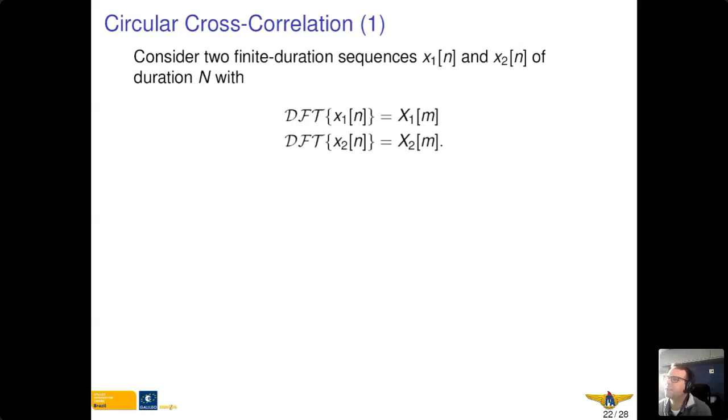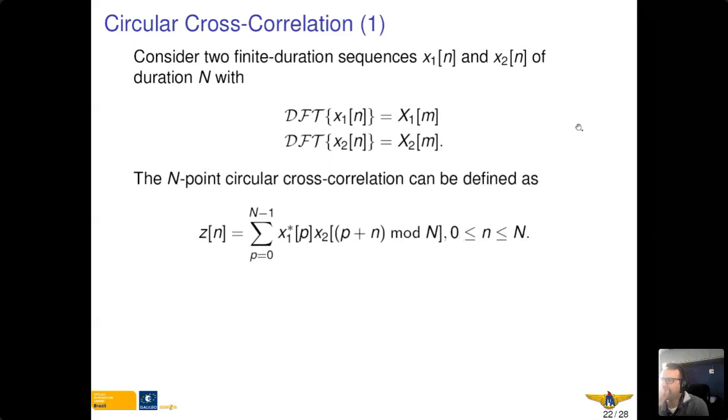Consider two finite duration sequences. So we are now discussing the circular cross correlation, and we will use that for our parallel time delay estimation acquisition. This is what the last slides are about. So if we have now two sequences x1 and x2 of duration N, we can build the DFT of them. And the N-point circular cross correlation can be calculated by the sum. So we're now calculating a cross correlation between the two, and it's circular.